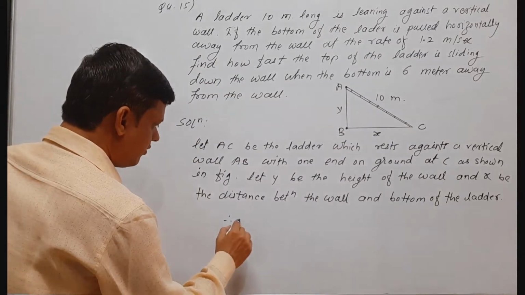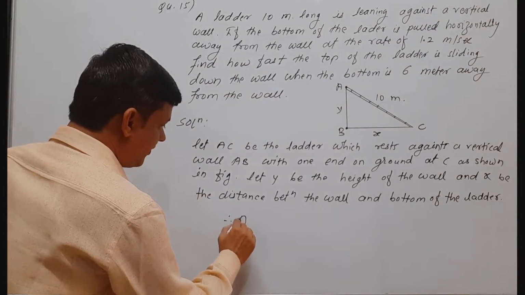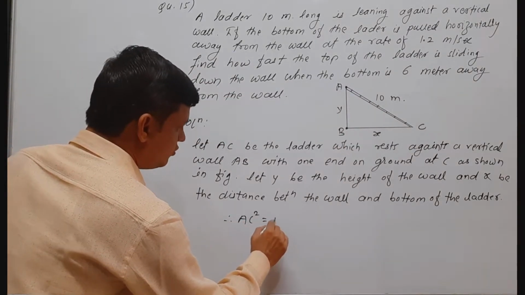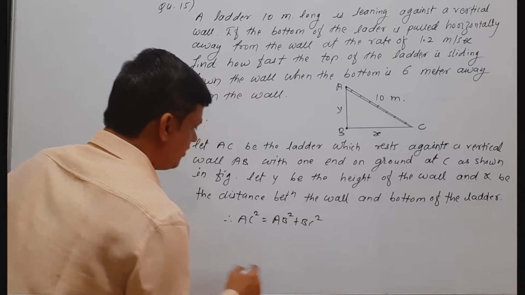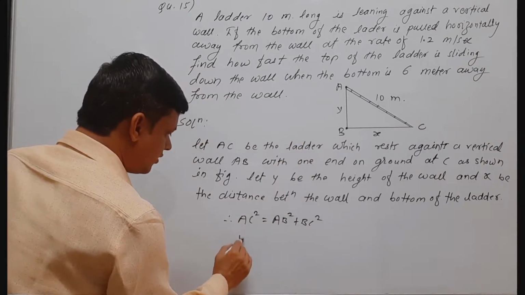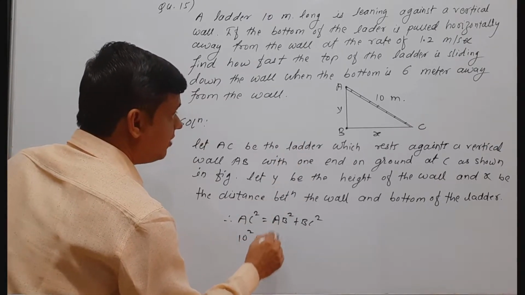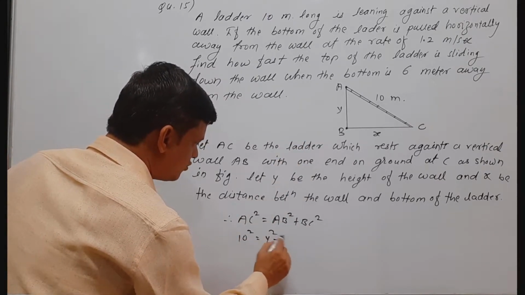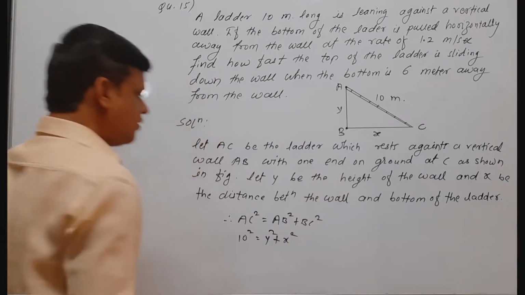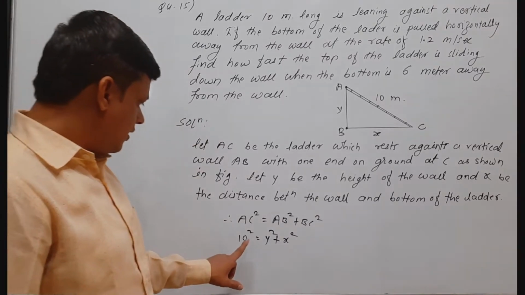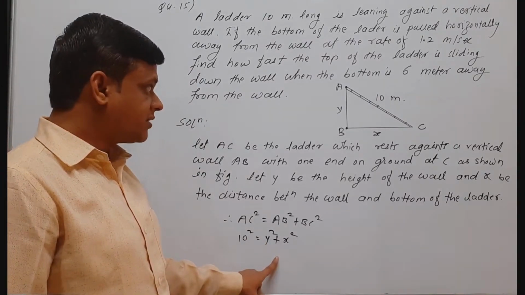So we write by Pythagoras theorem, AC square is equal to AB square plus BC square. So AC is 10. So we write here 10 square equals AB, we consider y, so y square, BC we consider x, so x square. So here we get 10 square equals y square plus x square.